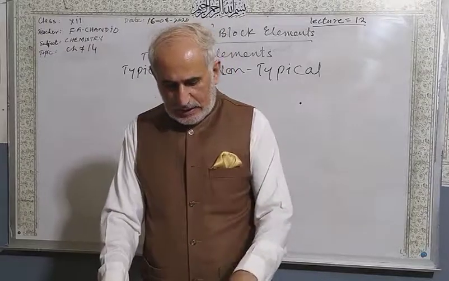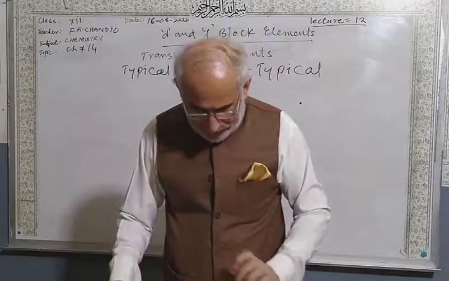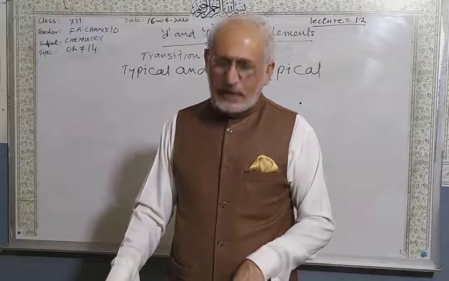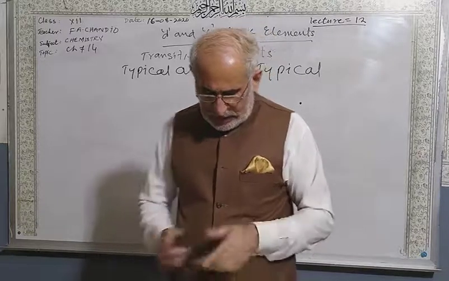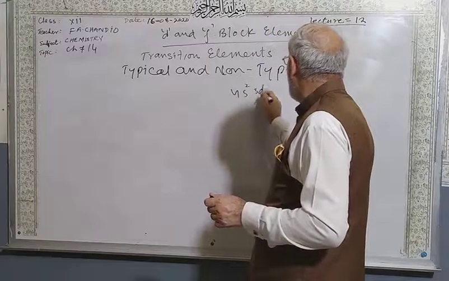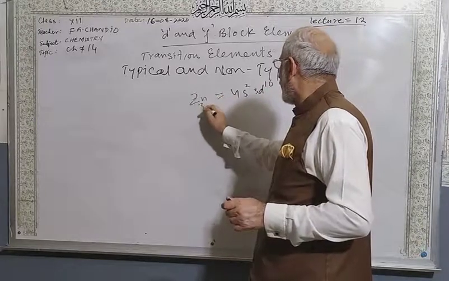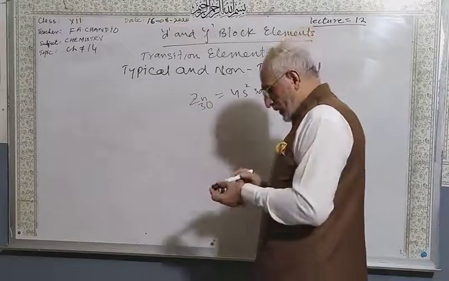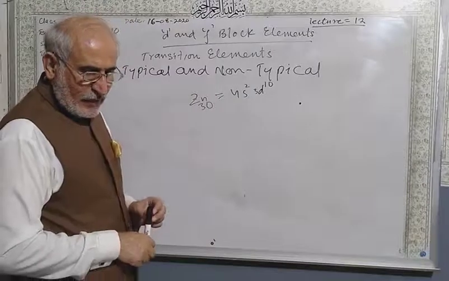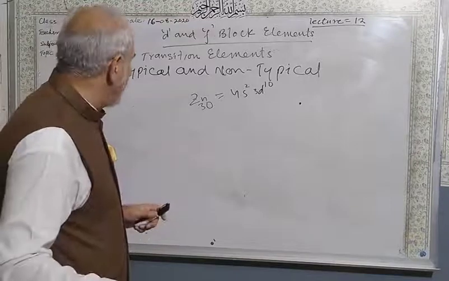The reason is, if you see the electronic configuration of zinc, 2B group, atomic number 30, the electronic configuration is 4s2 3d10. Zinc is present in D block elements, but the question is why is the zinc group included in the transition elements?